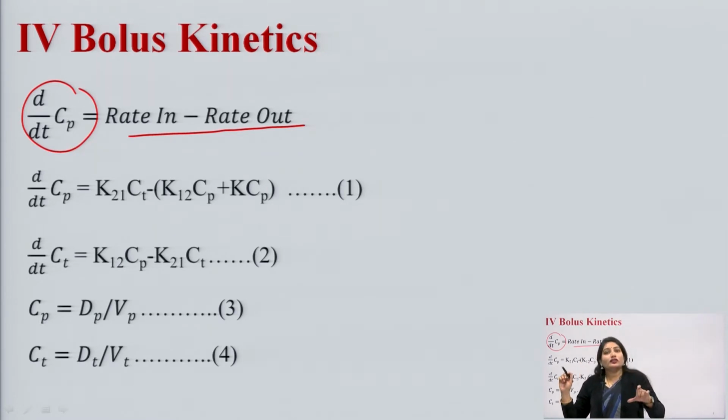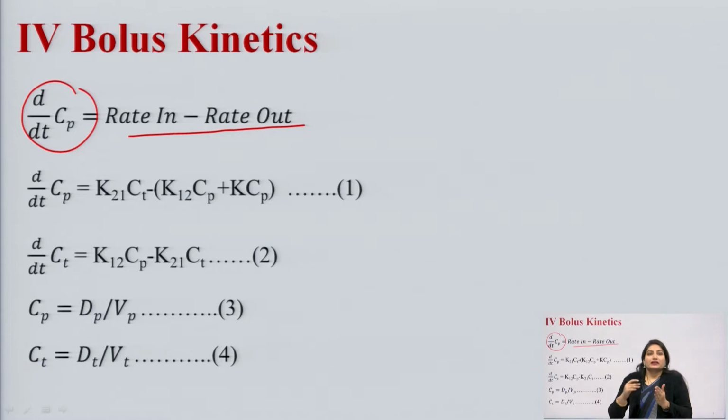The rate of change in the plasma drug concentration with respect to time can be calculated from the rate at which the drug is entering the central compartment, or the body, and the rate at which the drug is leaving the body. So, we calculate it by subtracting the rate out from the rate in.